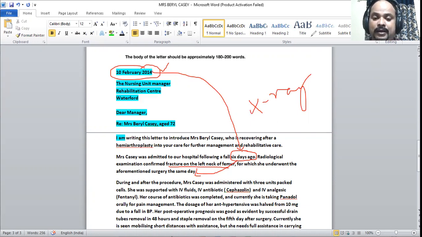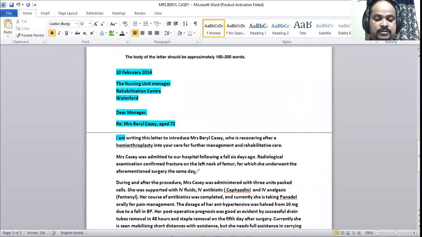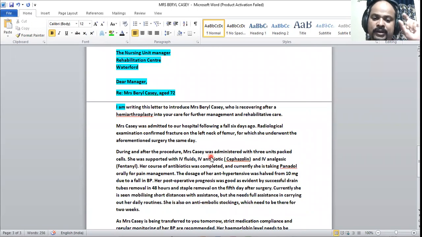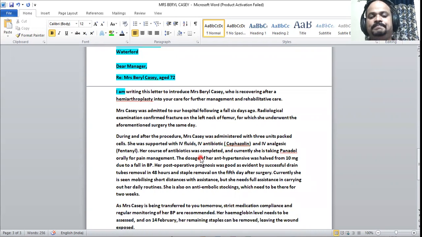Now I can say that these two things give you an idea what happened. Now, the purpose of this paragraph is what happened. Now, after that, what things we gave. So it is grouped in another paragraph.